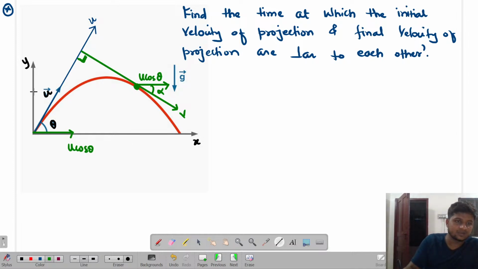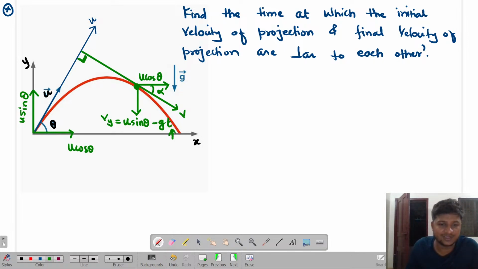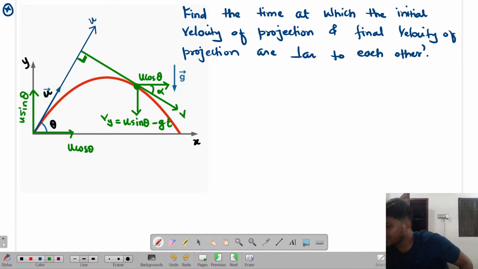This is u sin theta, and this is vertical velocity direction. And you know that vertical velocity is given as u sin theta minus gt. I'm asking about this particular time where the particle velocity is perpendicular.